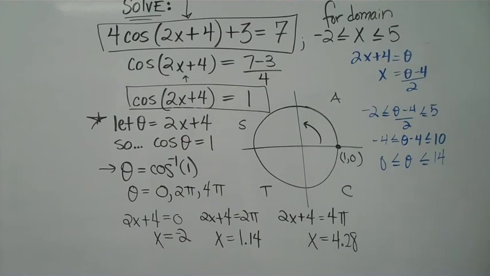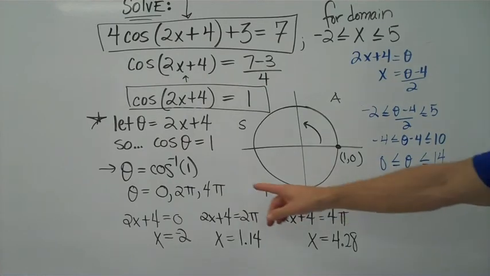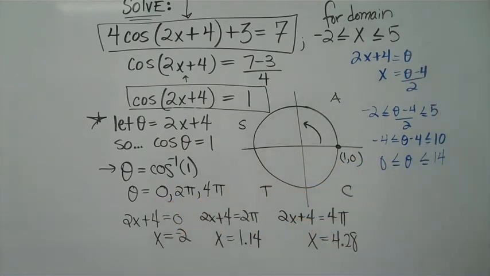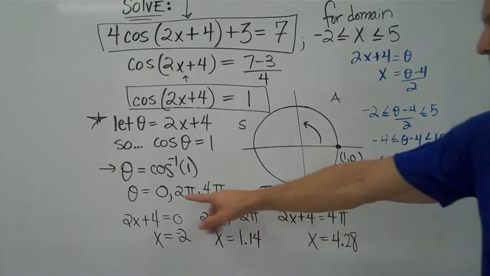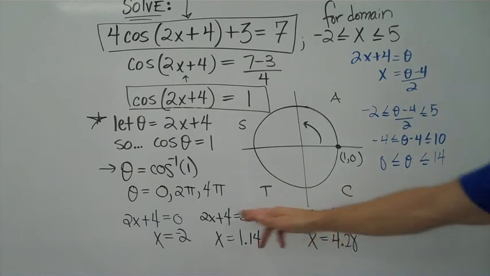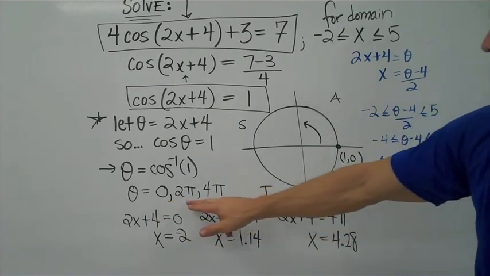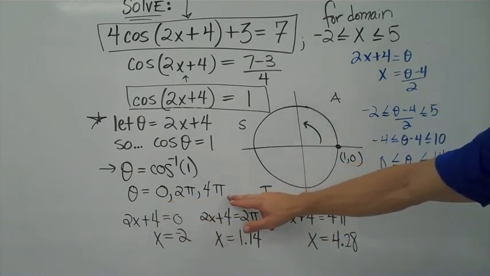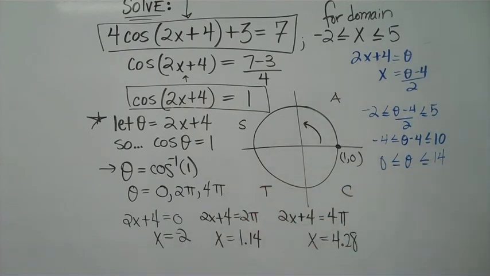That will guide me when I'm looking at what theta is equal to. I know I'm not going to have any negative values of theta, so I can go to 0, then 6.28, and then this is going to be a little less than 14. So I know that these are my only solutions because my theta must be between 0 and 14.